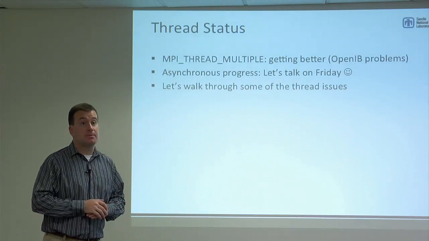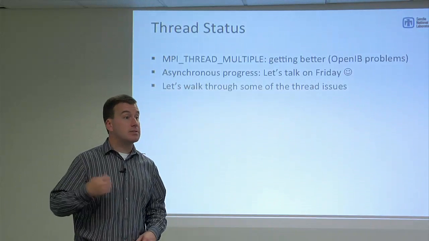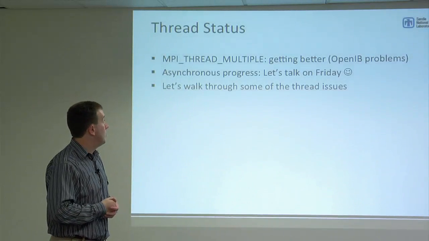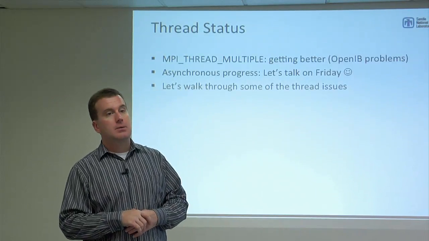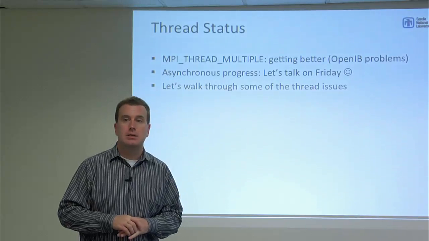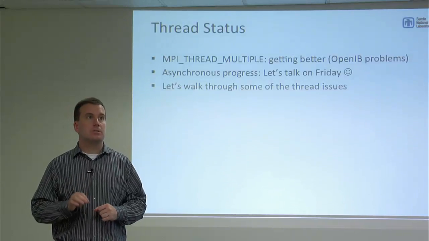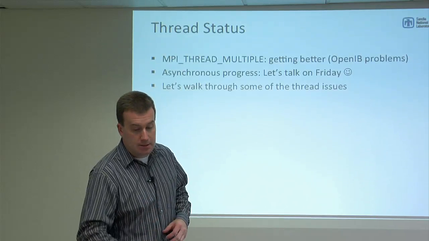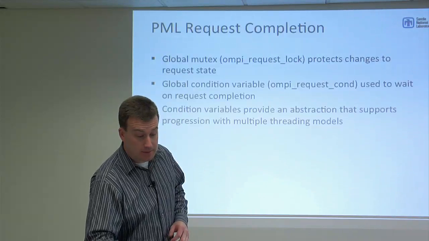That's great, except if you have an environment where what you really want is asynchronous response to incoming messages, well, we don't have that because you have to sit there and actively poll. This is something we're actively working on, but it's really complicated because MPI is very concerned about message rate and latency. And there's some impacts there that we'll talk about in a couple of slides.